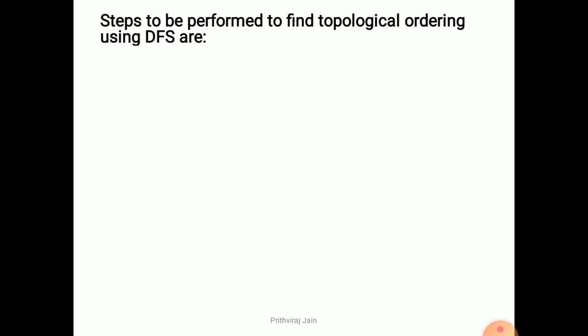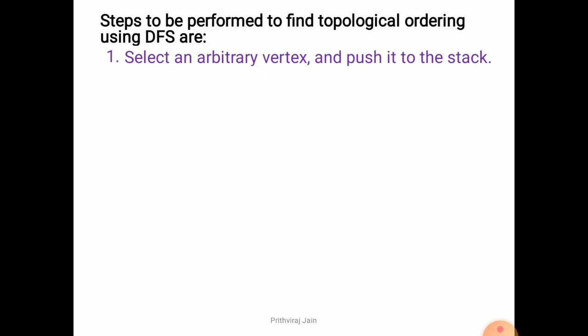Let us see the steps to be performed to find the topological ordering using the DFS method. First step is to select an arbitrary vertex and push that vertex into the stack. You can choose any vertex randomly and push it onto the top of the stack.